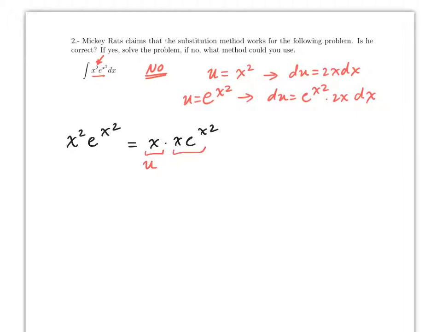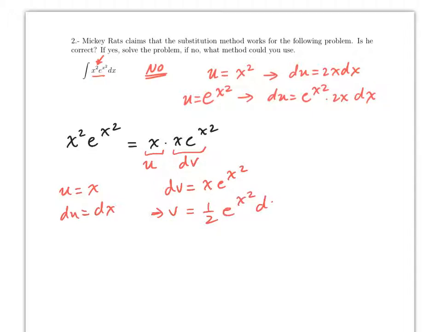This will be u, this is dv. So if u is x, then du is dx, and dv, we did this one 3 times already. That implies v is equal to 1/2 e to the x squared plus c, even though you don't need a plus c here.